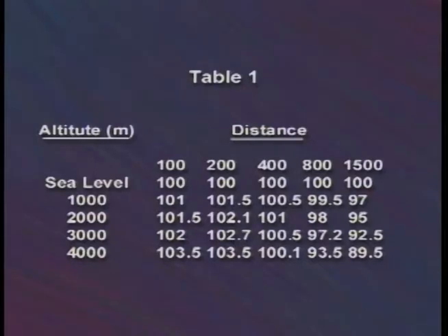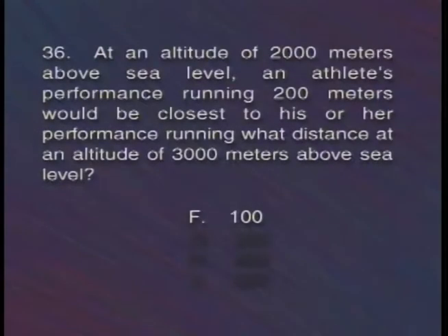At an altitude of 3,000 meters, what distance is closest to this value of 102.1%? Scanning the row of percents, we can see a value of 102 for 100 meters. This value is closest to 102.1. Thus, the correct answer is F.